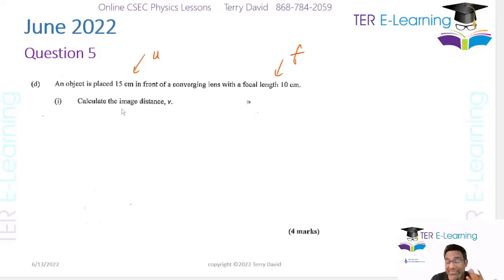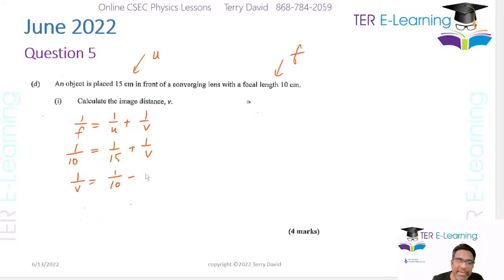Calculate V. The formula is 1 over F is 1 over U plus 1 over V. So 1 over 10 is equal to 1 over 15 plus 1 over V. So 1 over V is equal to 1 over 10 minus 1 over 15, and you're going to get 1 over 30. So V is going to be 30 cm. 4 easy marks if you know what you're doing.